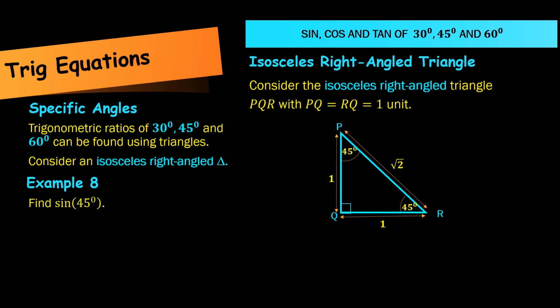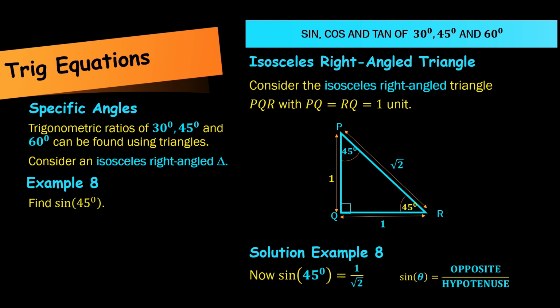Let's use this triangle to have a go at this example. Here we're required to find sine 45 degrees. So let's solve this. We are going to use the formula sine theta equals opposite over hypotenuse. So theta is equal to 45 degrees.